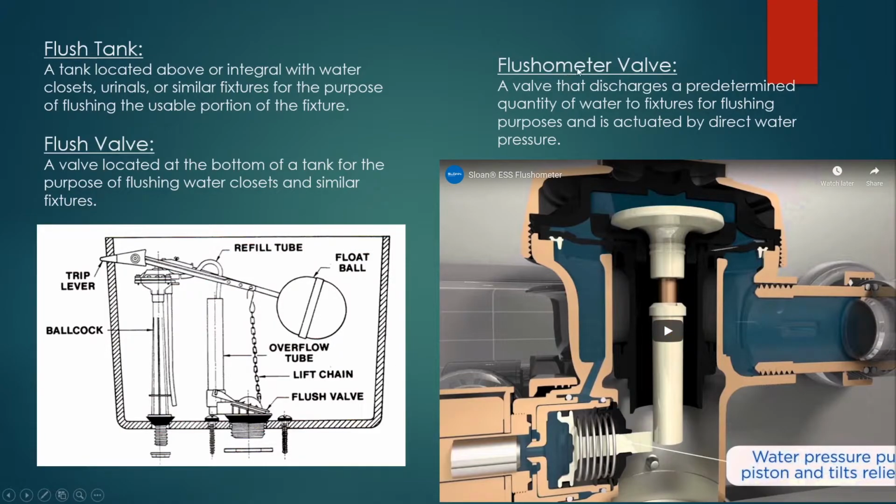Next, we have a flush-emitter valve. This is a valve that discharges a predetermined quantity of water to fixtures for flushing purposes and is actuated by direct water pressure. So this is more what you'll see in any commercial building.